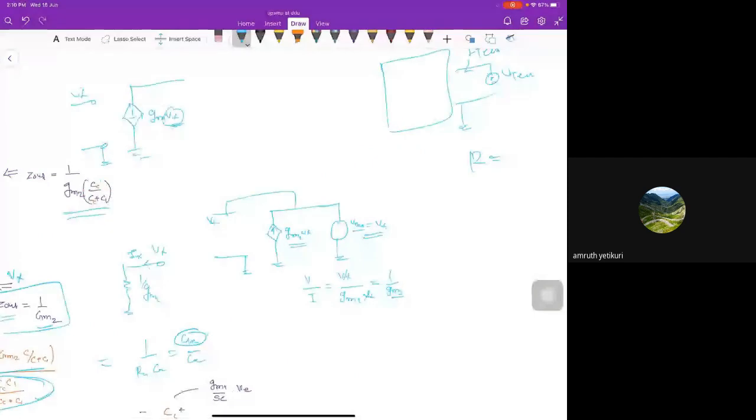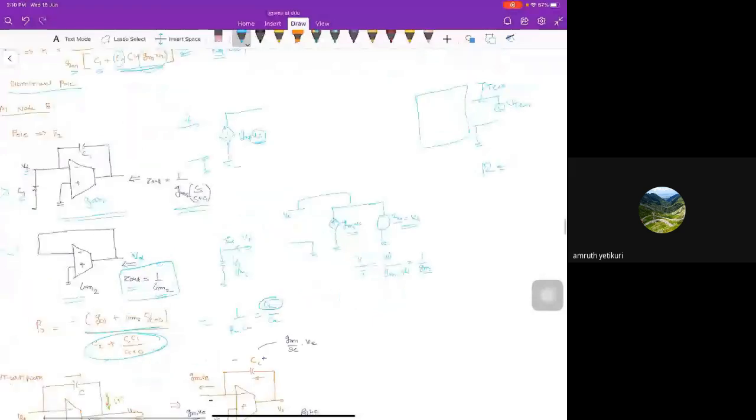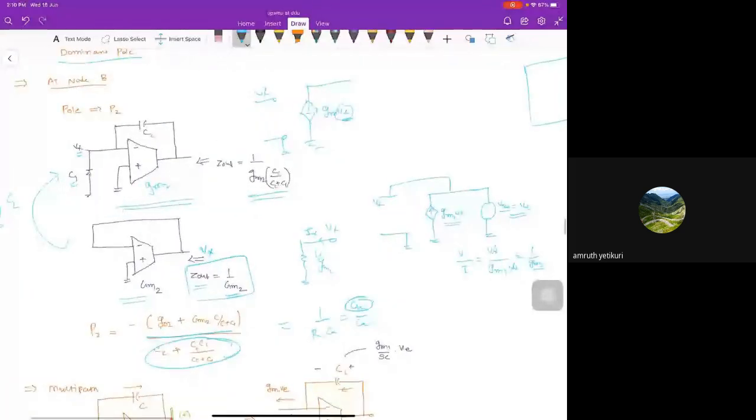Okay, sir. Got it, or do you still have doubt? Still, I'm not understanding which is the node where both the grounds are connected. See, this is already ground, right? This is already ground. So we assume that current is flowing out from the plus node?